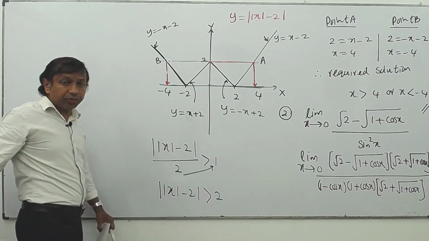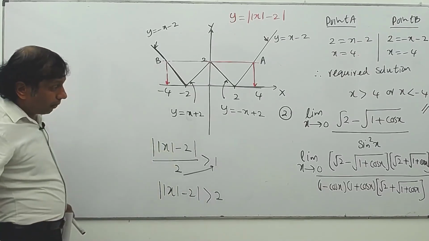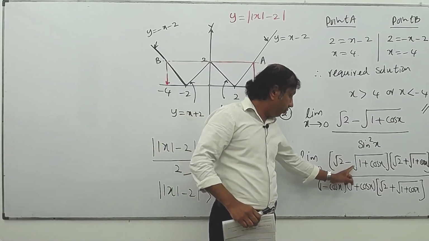Quickly write down, people. Then here we get 2 minus 1 plus cos 6x, no?